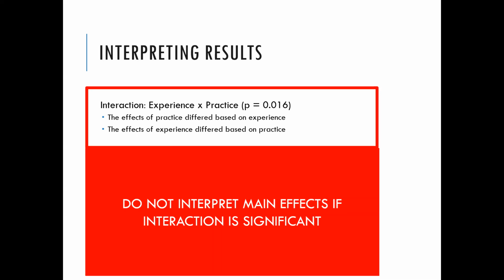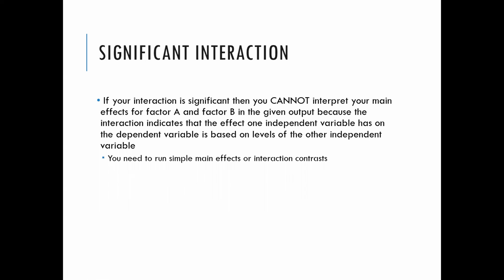Okay, so remember, if the interaction is significant, we cannot interpret the main effects. And I'm going to emphasize this again because this is really, really important. A lot of times in our output, we will have coefficient estimates, or beta estimates.